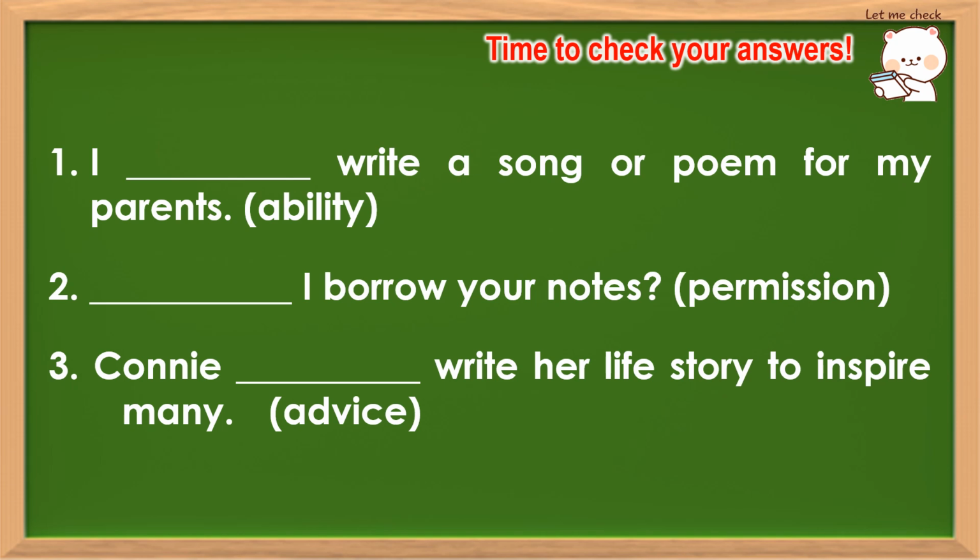Time to check your answers. Number 1. If your answer is can, you are correct. Number 2. If your answer is may, you are right. Number 3. If your answer is should, that's another point for you.